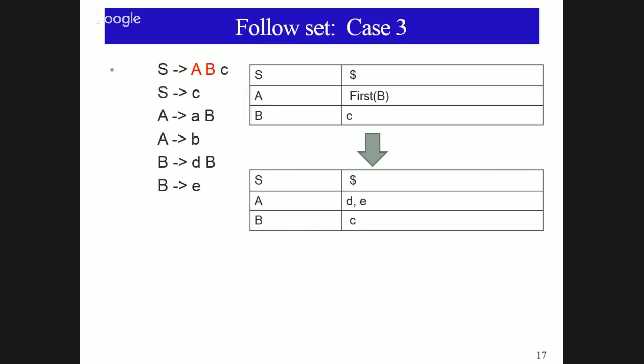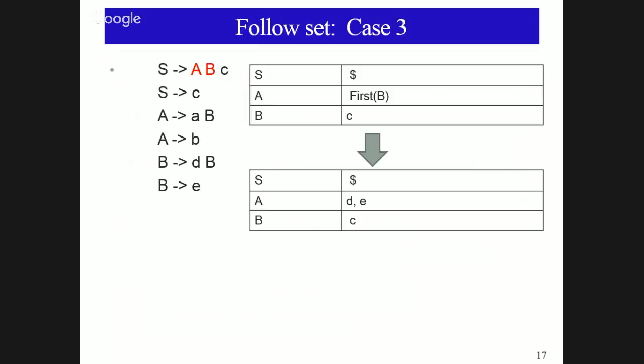Nothing can drop out if you don't have lambdas. So computing the follow set is really useless. I don't care what follows. Everything has to be there, right? Only when things drop out do you want to look at the follow set. What's legal after this thing goes to lambda and drops out?